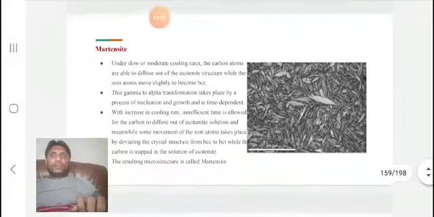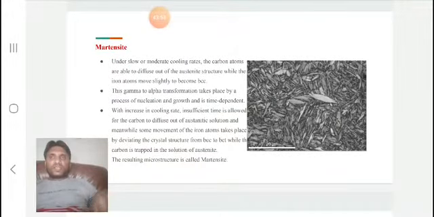So that is the reason why we were discussing martensite. Martensite is a needle-like structure which is formed when the entire austenite is transformed into martensite. We discussed the structure of martensite and the structure of bainite.